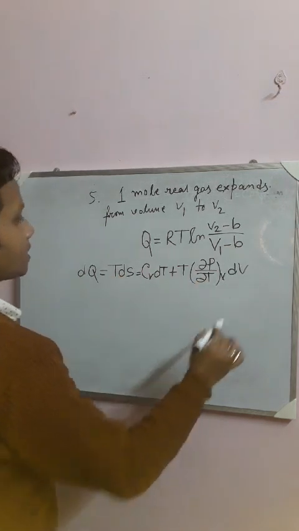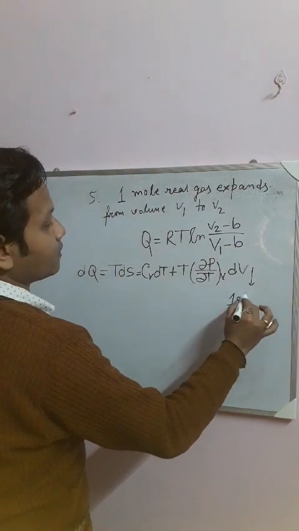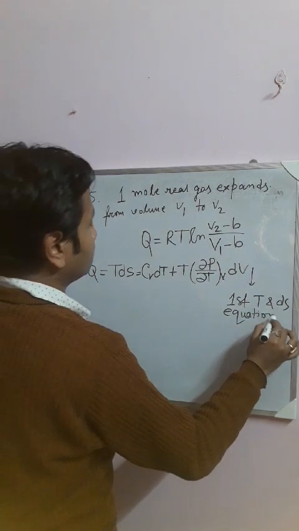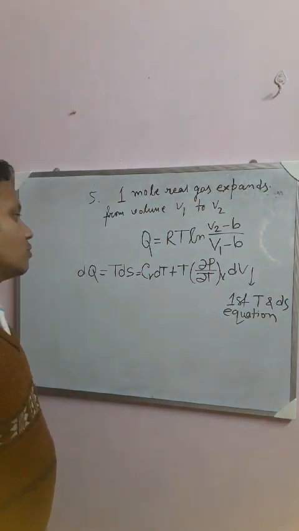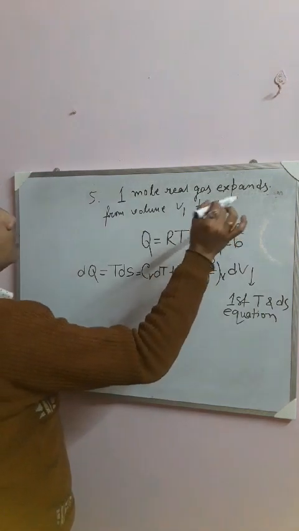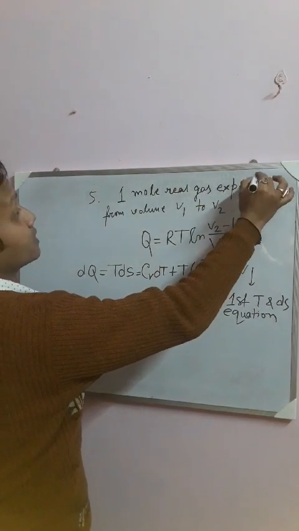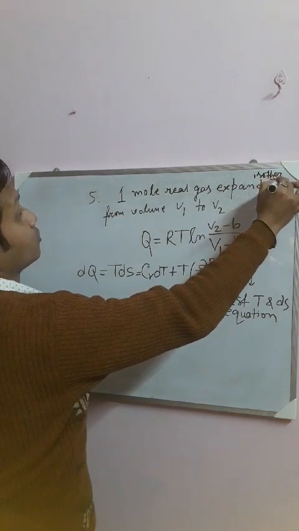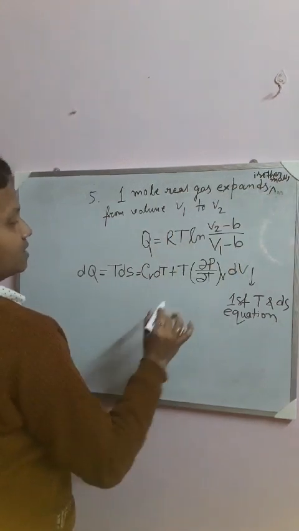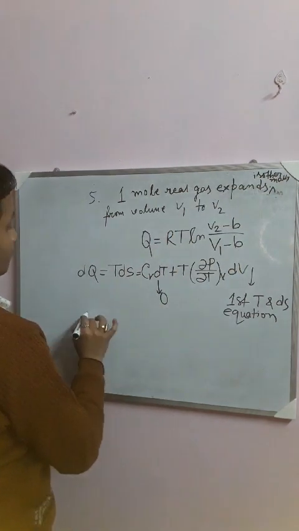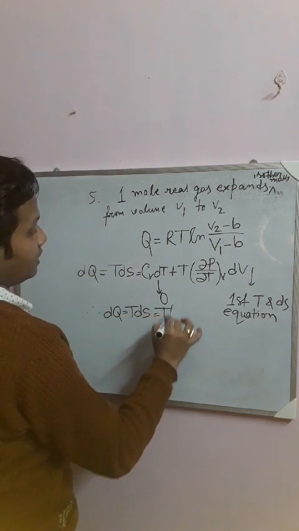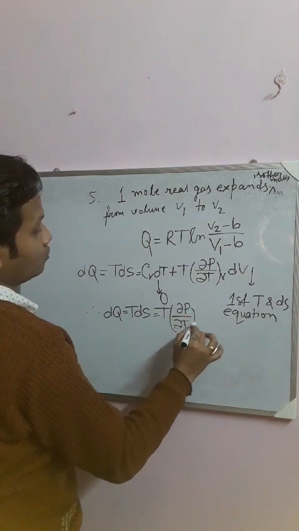So from the first TdS equation, dq equals TdS equals CV dT plus T del P del T at constant volume dV. Since the expansion is isothermal, temperature remains constant, so the first term becomes 0. So dq equals TdS equals T into del P del T at constant volume dV.